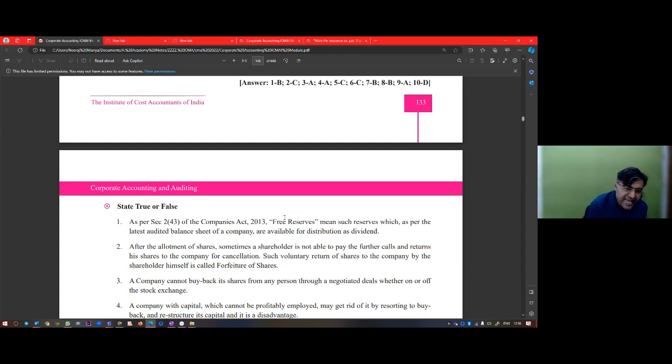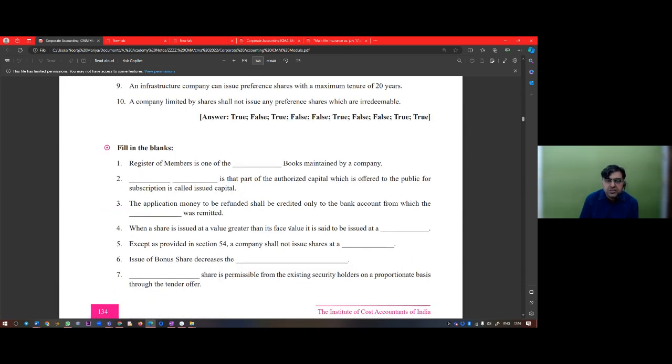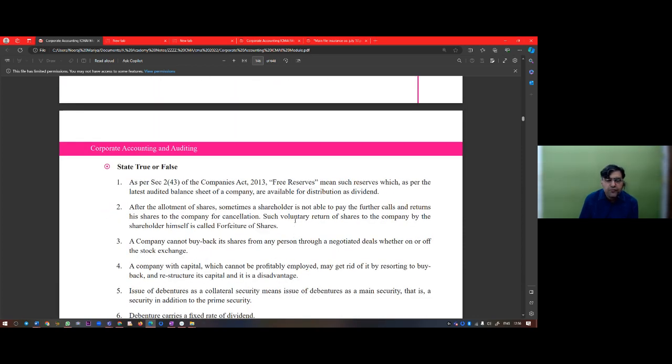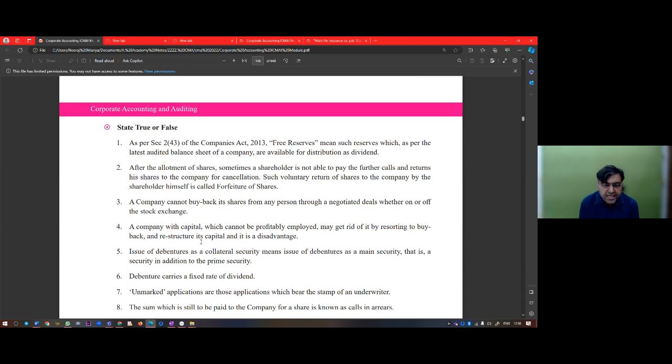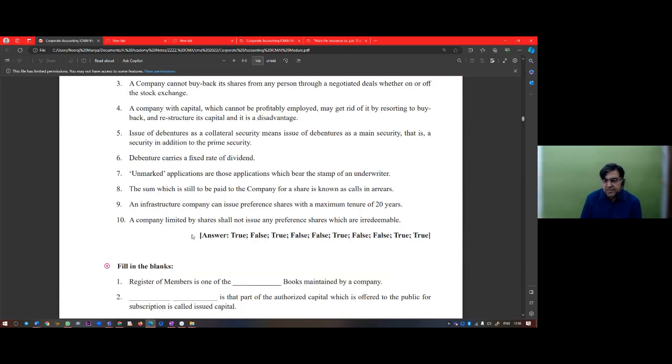A company cannot buy back its shares through negotiated deals, whether on or off the stock exchange. Statement is false. A company with capital which cannot be profitably employed may get rid of it by resorting to buyback and restructure, and it is an advantage, not a disadvantage. Statement is false.